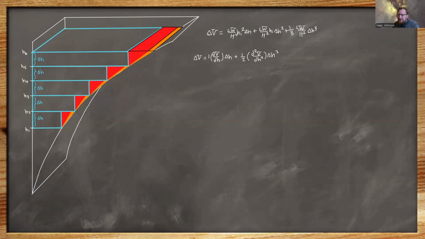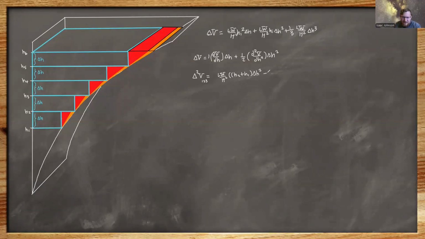So we ended off with, I think it was delta 2V. Oh man, I wish I had it written down somewhere. Let's see. I think it was delta V 1, 2, 3 was length times width over height squared times h2 plus h1 times delta h squared.